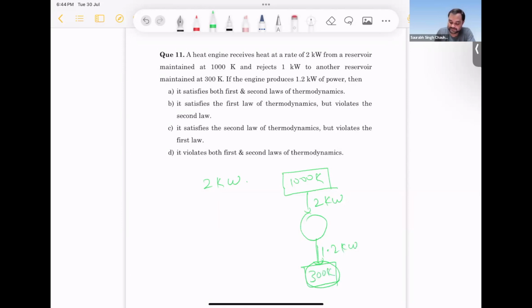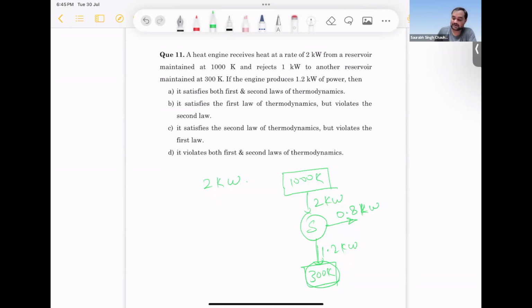Okay, this is your system, let us say. So the remaining heat can be converted into work, right? So it can satisfy the first law. Option A says that it satisfies both first law and second law of thermodynamics. So the first law is satisfied, but we are not sure about the second law.